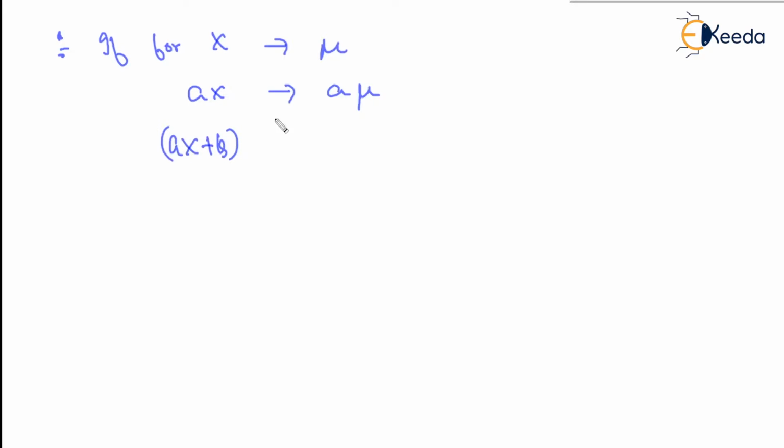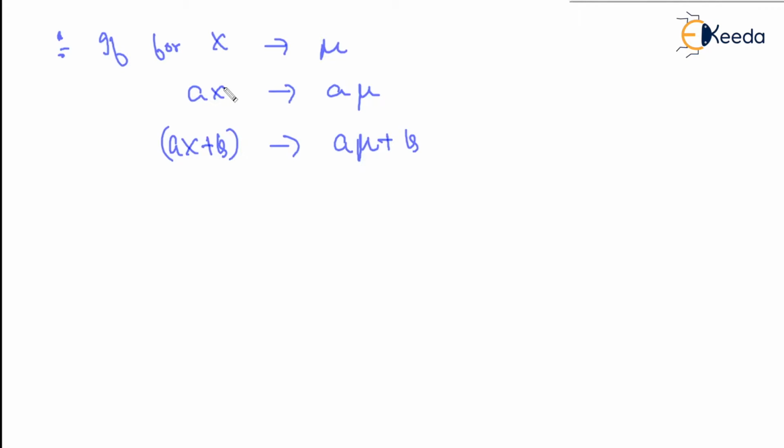Now there are certain transformations which are also possible here. If for x we have mean equal to mu, then for a times x the mean is going to be a times mu, and for the random variable ax plus b the mean is going to be a mu plus b.